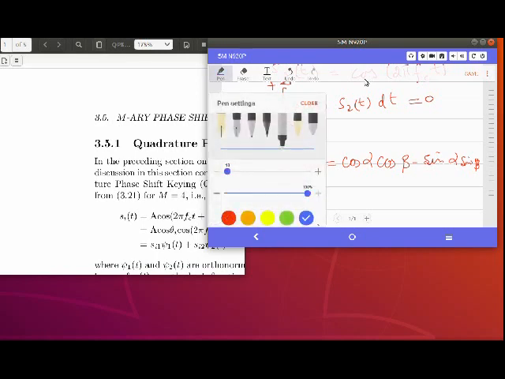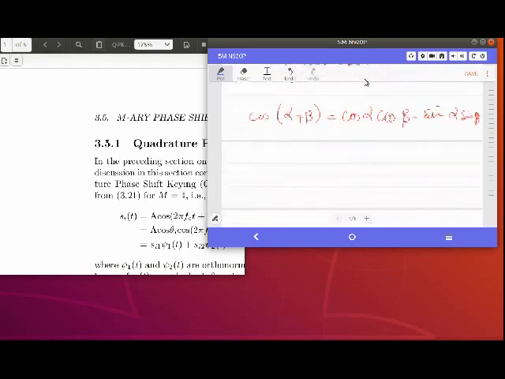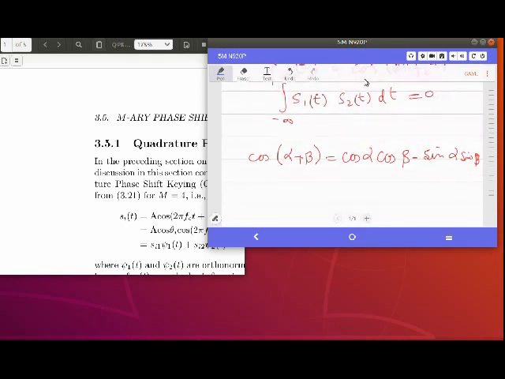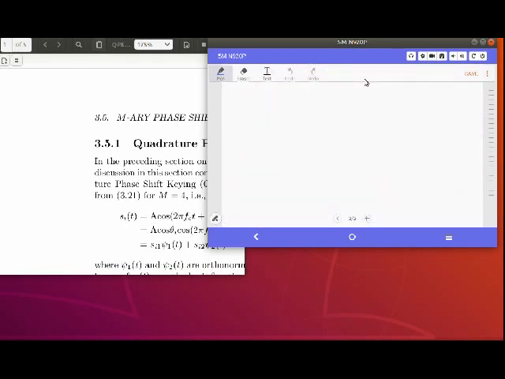Let me recall another concept which we already studied in my previous lecture, and we learned that we can observe signals in the Euclidean space, where we represent the psi1 of t and psi2 of t by orthonormal basis functions, or two orthonormal signals.